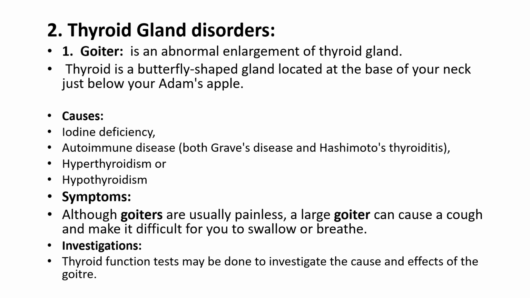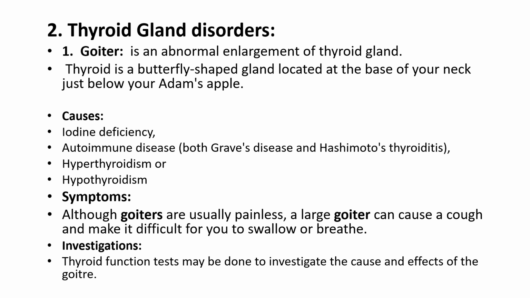The second gland is the thyroid gland, and in its disorders the first is goiter. So goiter is abnormal enlargement of the thyroid gland, a butterfly-shaped gland located at the base of the neck just below the Adam's apple. Causes for goiter can be iodine deficiency or autoimmune diseases like Graves' disease or Hashimoto's thyroiditis, hyperthyroidism or hypothyroidism.